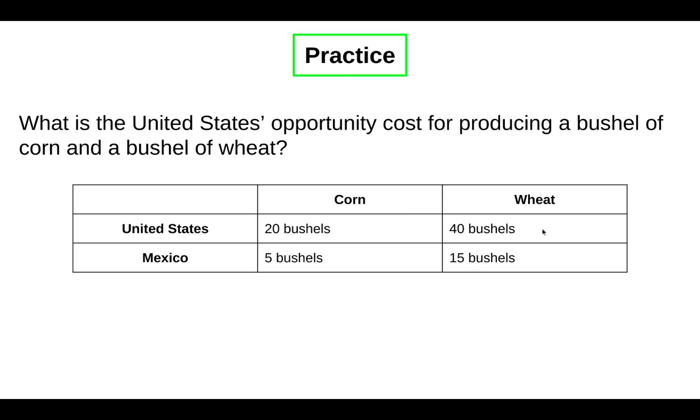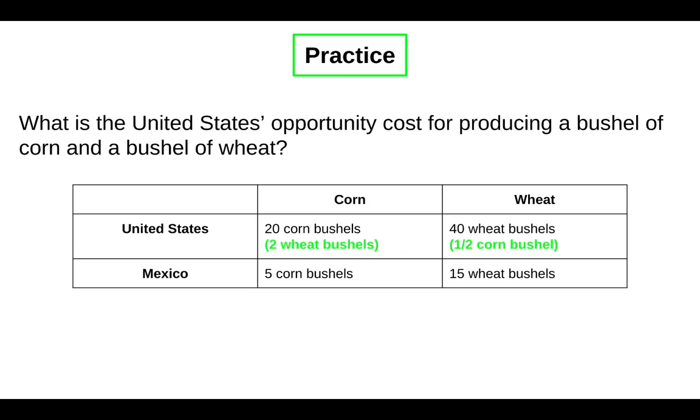And then if we look at the other side, if this is my current box for the US, then this has to be the other box for the US. So it's going to be other over current, 20 divided by 40, which is a half. Half of what? What am I giving up to produce wheat? Corn. 1/2 corn.